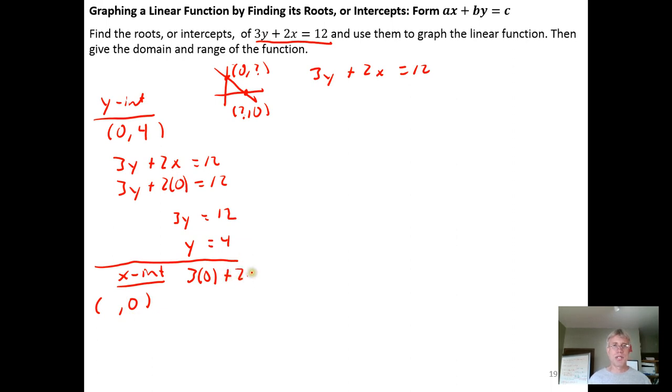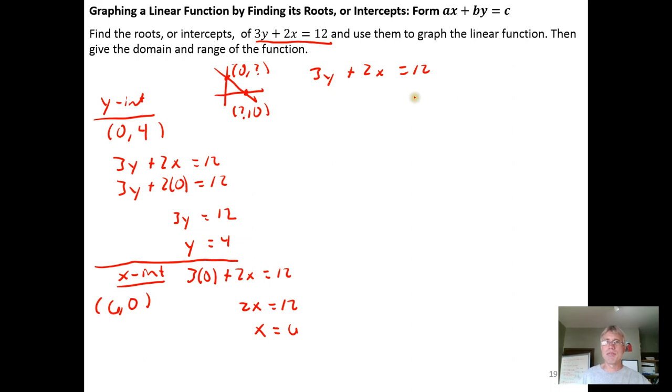And then we go plus the 2x equals 12, and we just solve it for x. So 3 times 0 is 0. 0 plus 2x is 2x. 2x equals 12. Divide both sides by 2. We get x equals 6. And now we have our x-intercept and our y-intercept.